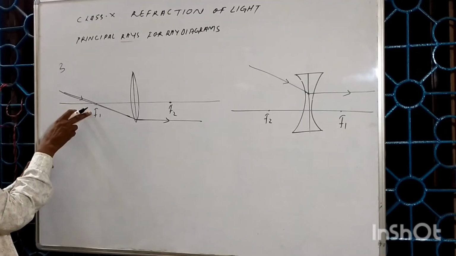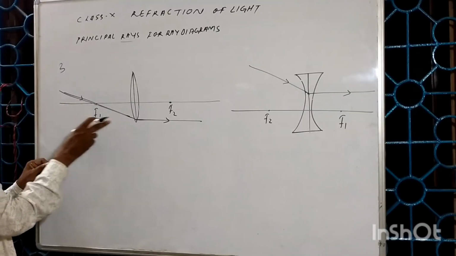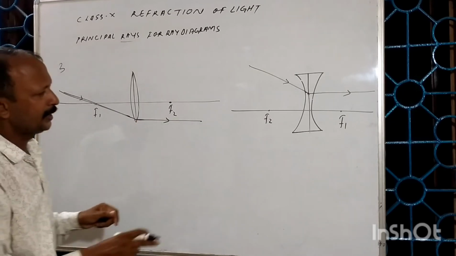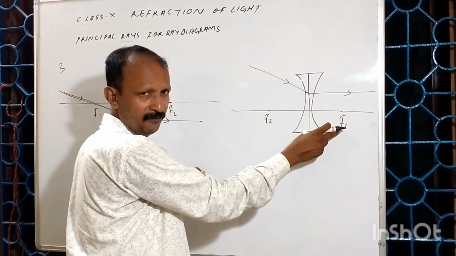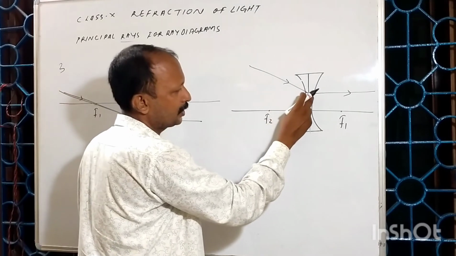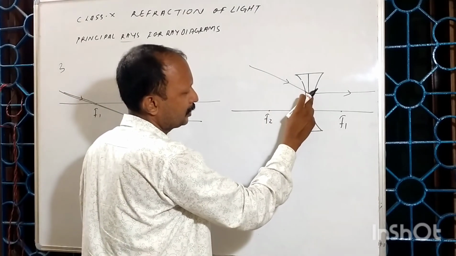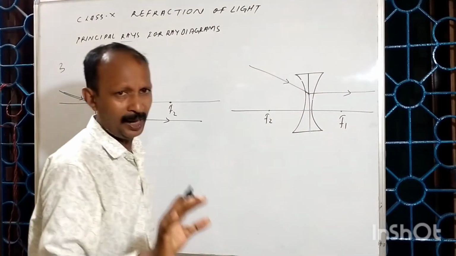Here also it is going towards F1. After refraction it moves parallel. It is coming towards F1, so it refracts parallel to the principal axis.